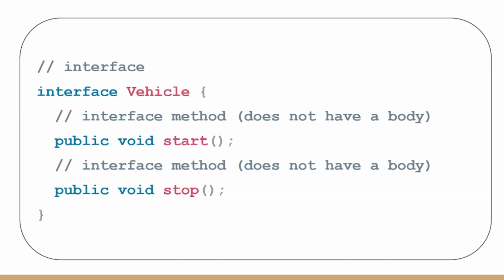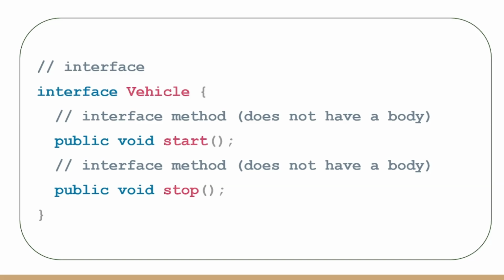Prior to Java 1.8, an interface could only have abstract methods, but Java 8 introduced that an interface can also have default methods. If it has only one abstract method, it is a particular case called a functional interface, where we can use lambda expressions and other things.